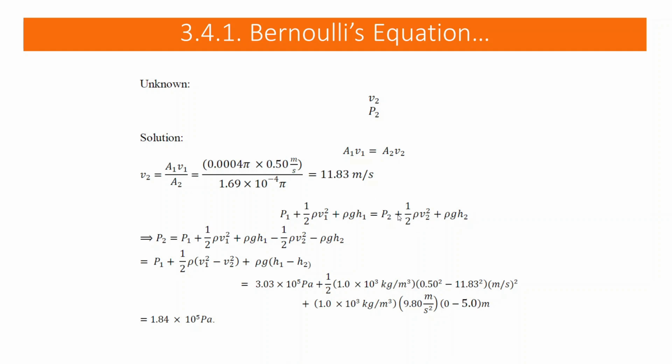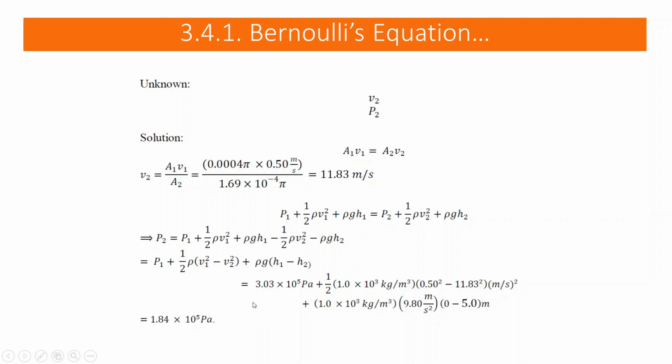Since 1 over 2 rho is common, we get V1 squared minus V2 squared, and rho g is the same, so rho g times h1 minus h2.